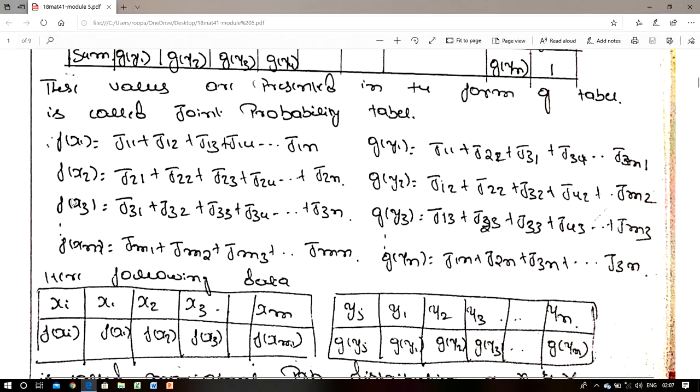See, f of x1, f of x2, f of x3. The sum of the first row is represented by f of x1, the sum of the second row by f of x2, the sum of the third row by f of x3. In the same way for the first column, second column, third column, fourth column.